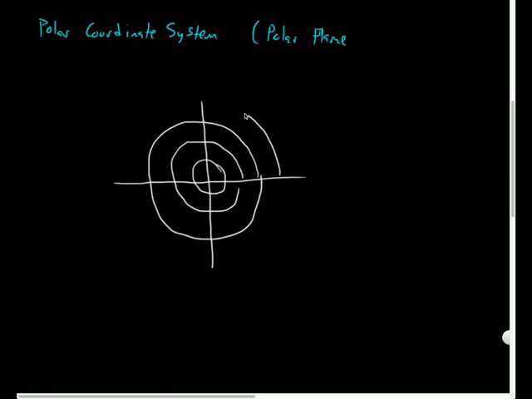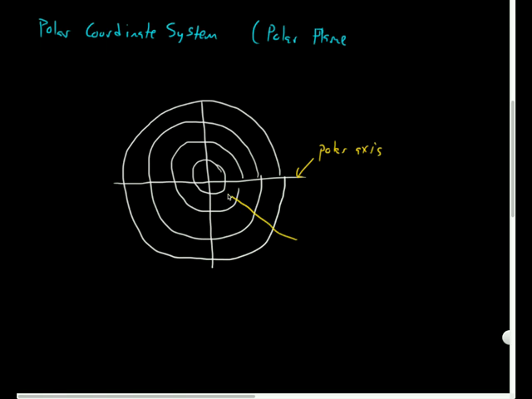My circles aren't perfect, but they'll express the point. Let's label what we've got. This axis will be the polar axis. The center, where the origin used to be, is now called the pole. Think of the North Pole, South Pole on the globe.